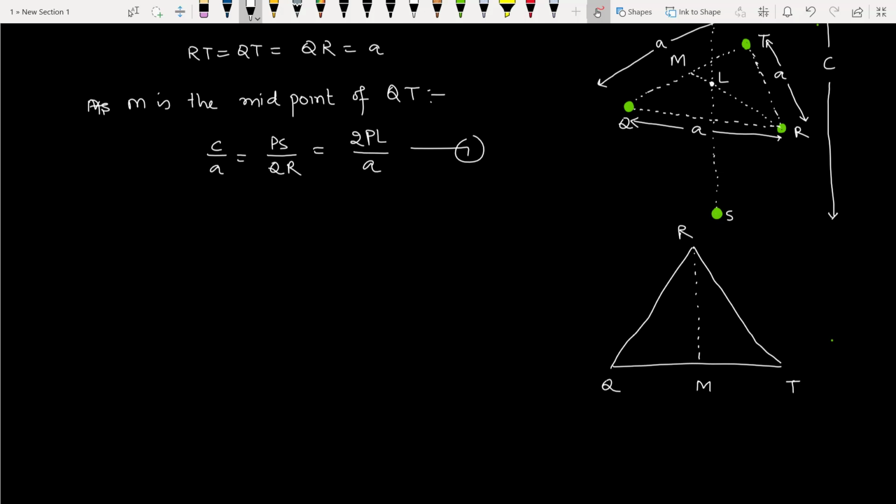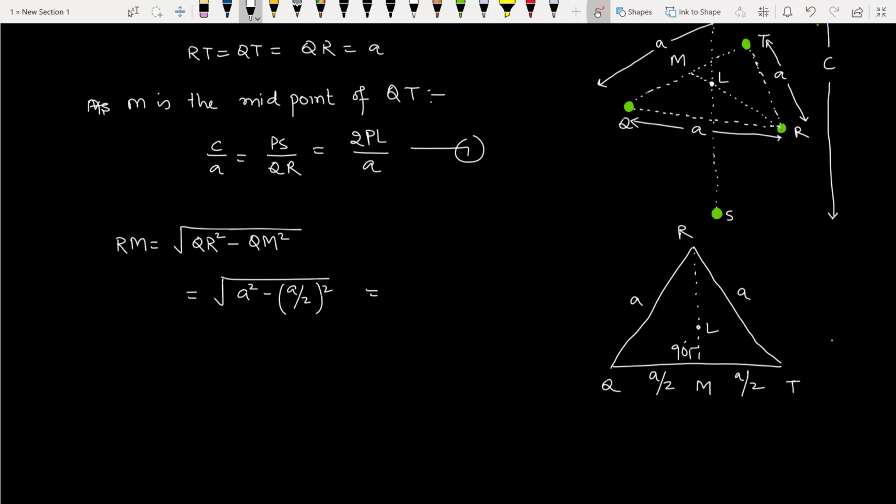This is M, this is L, this is A, this is A. As M is the midpoint, so this is A by 2, A by 2, this is 90-degree angle. So RM by Pythagoras theorem will be QR square minus QM square. So it is A square minus A by 2 whole square, so it is A square minus A square by 4.